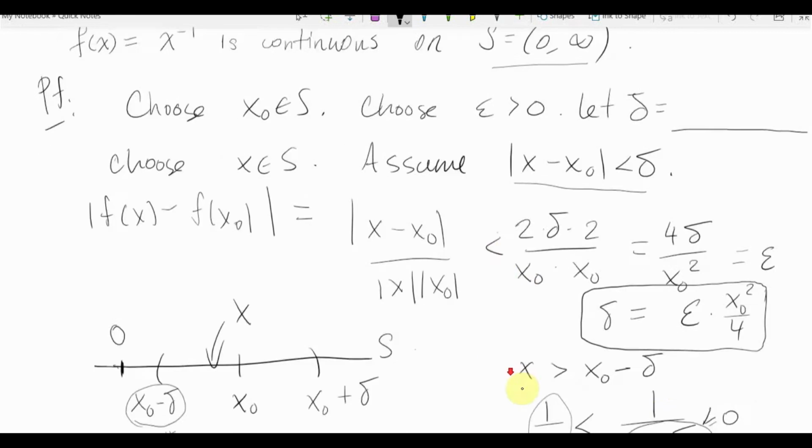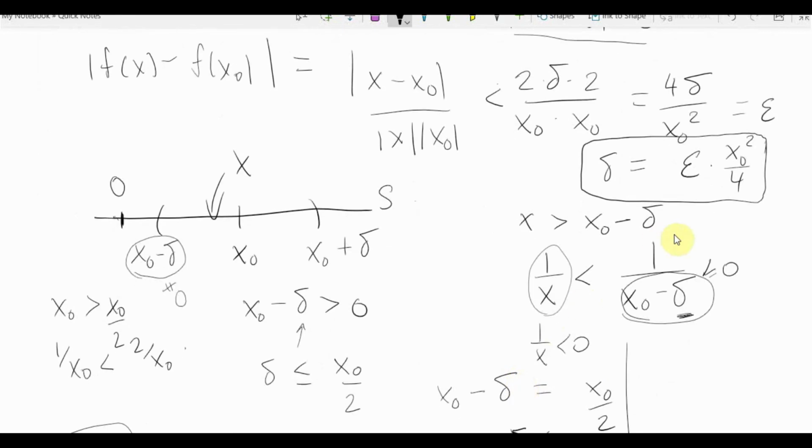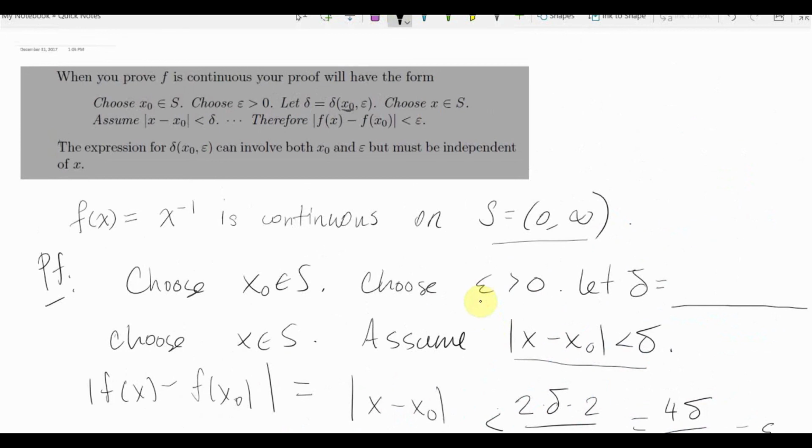But we also have to keep in mind that the only way to get this conclusion is to make one key assumption. And the key assumption that we made was this right here. In other words, we cannot have this conclusion here without this assumption. Okay, so I have to treat that carefully, and I have to go back up here and let delta reflect that fact.